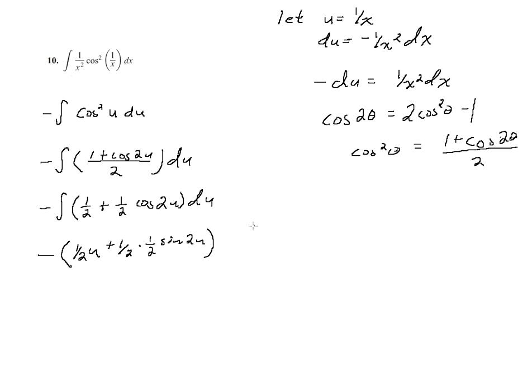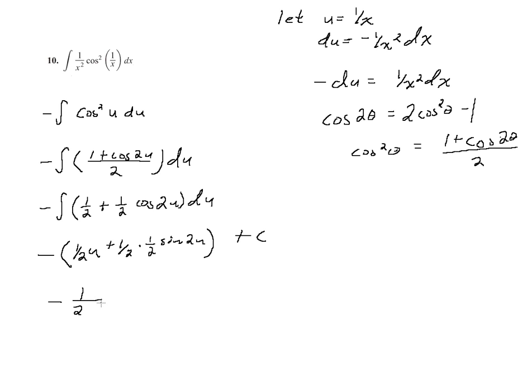Trying to decide whether I really even care about distributing that negative. Well, let's just distribute that negative and sub back in for u as we go. So we get negative 1 over 2 times u, which is 1 over x.